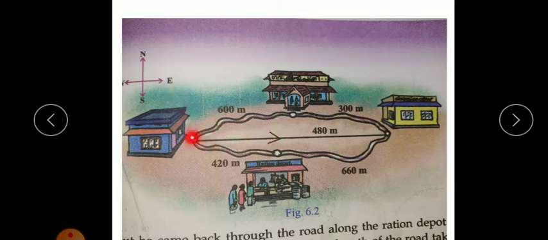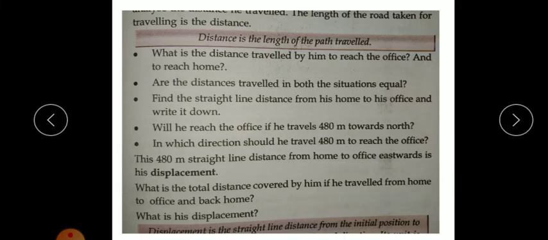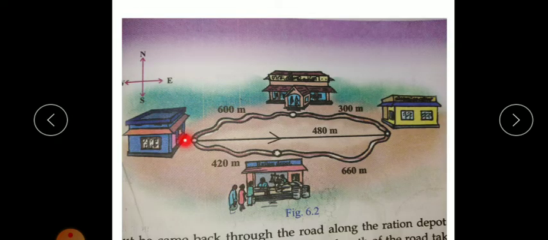So if he moves 480 meter towards east, then only he will reach his office. This 480 meters straight line distance from the home to office eastwards is displacement. So displacement in this case is 480 meter towards east, is it? So this is displacement, and these values give distance.